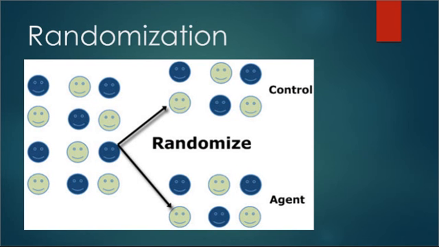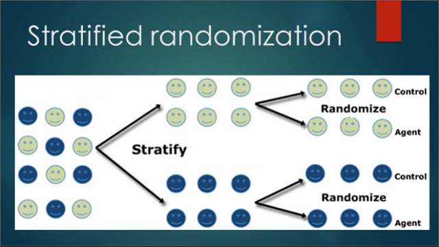So here's what randomization looks like. We have an original group of subjects. Randomization occurs, and subjects go into one group or the other. Sometimes we stratify our randomization. So stratification occurs when first we decide we want to separate people into 2 different groups, and then they're randomized from there.